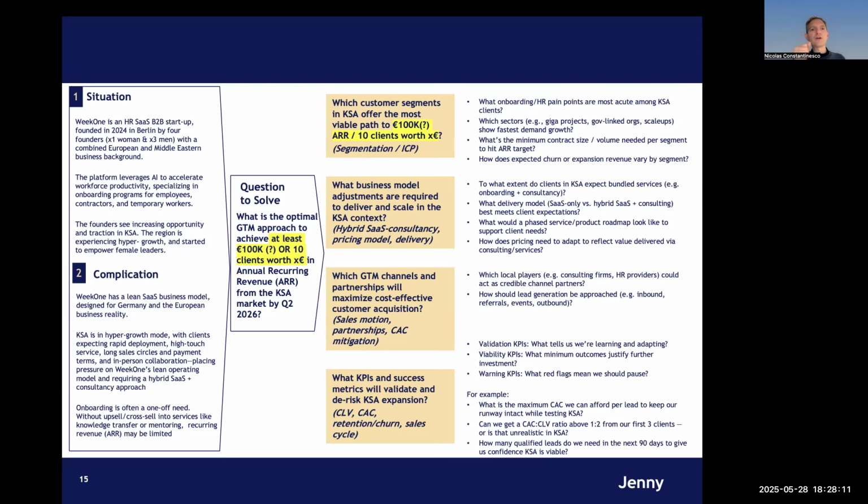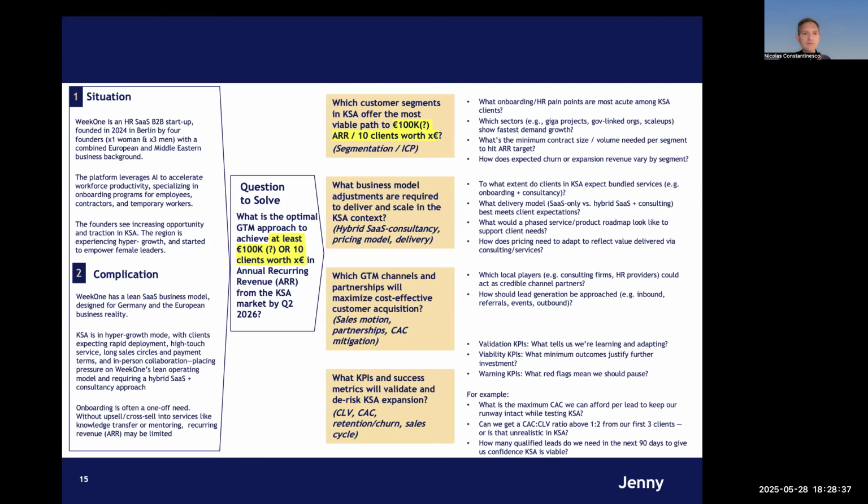But I don't think you need to solve the adjustments to the business model in order to solve the go-to-market approach. Eventually, when you start to execute the go-to-market approach, you'll have to know what the adjustments to the business model are.